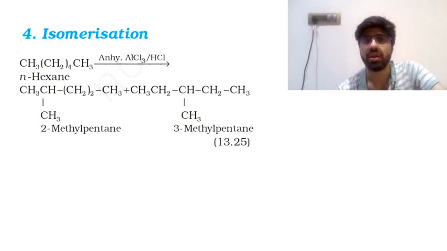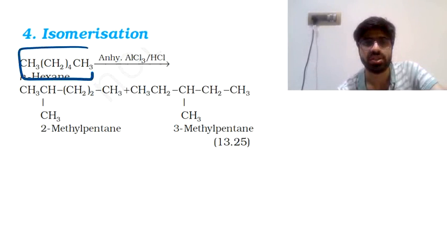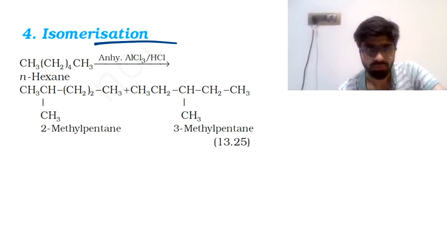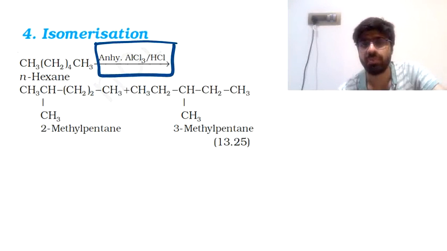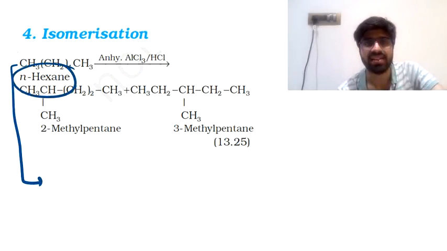Okay, we go ahead with the next reaction. It's the isomerization reaction, and this reaction occurs with straight chain alkanes. So if you make a straight chain alkane react in the presence of anhydrous AlCl3 and HCl, then what happens is, check this. This is n-hexane. Hexane means there are 6 carbon atoms.